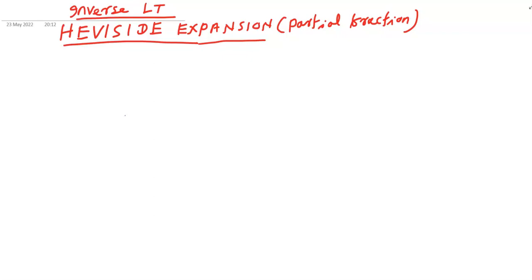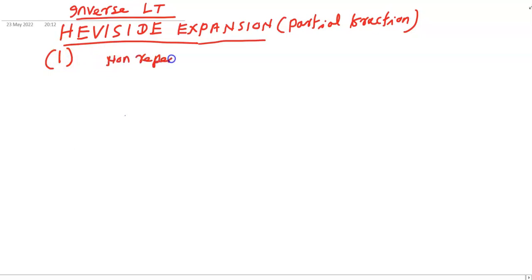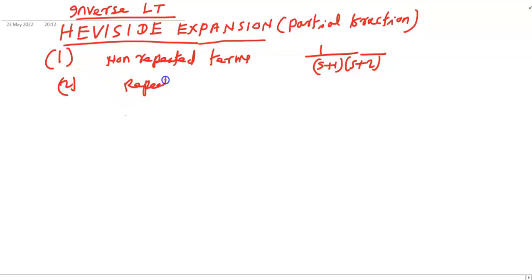So three cases arise in the denominators in algebraic expressions. Case 1, that is non-repeated terms, like 1 upon (s plus 1) and (s plus 2), let's say. Then repeated terms in denominators, like s into (s plus 1) square.